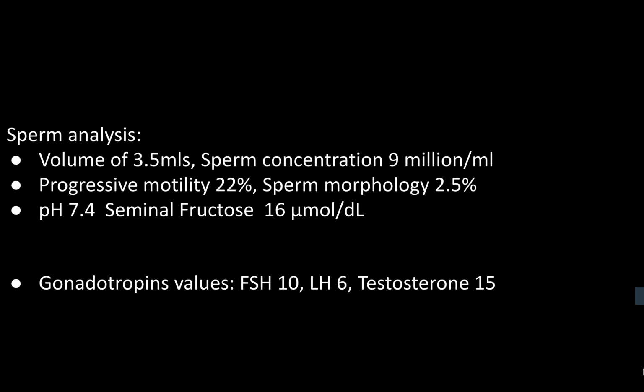The importance of that is, if we are planning for an assisted reproductive technique, there's no point in doing it in Y microdeletion type A and B, because there won't be any sperms. If it is type C, there's a 50% chance of retrieving sperm in micro-TESE. So to know this is important, considering his future management of his infertility.